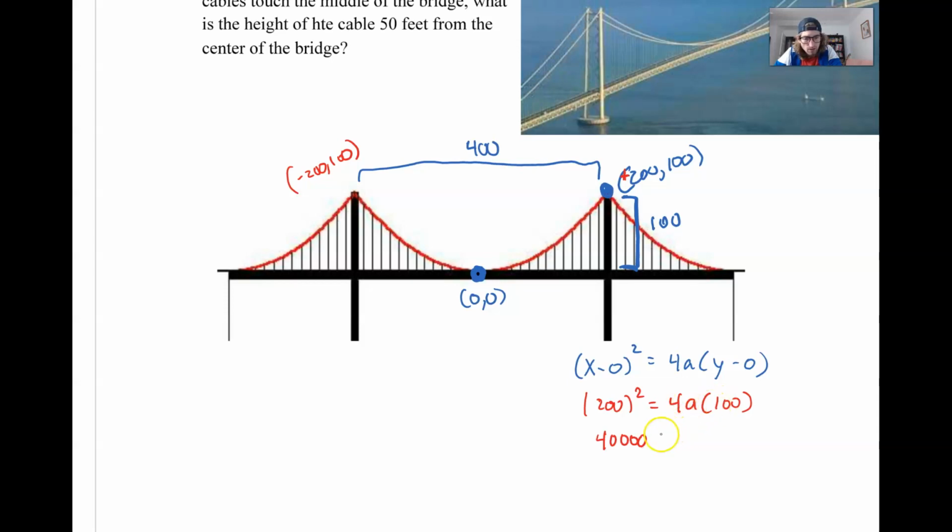And then 4 times 100 is 400a. Dividing by 400, we get the fact that a equals 100.